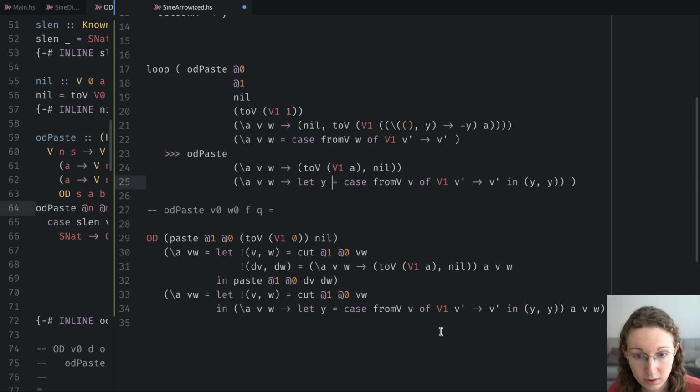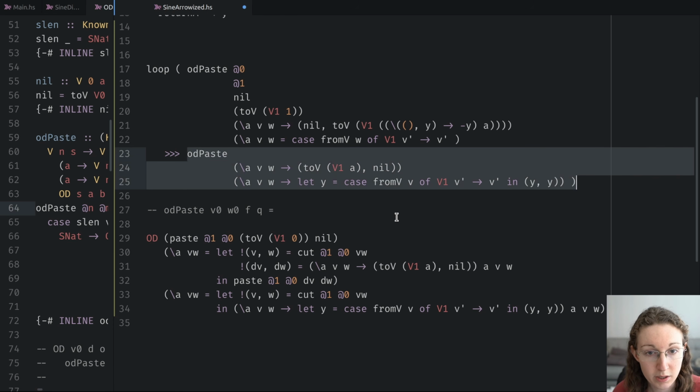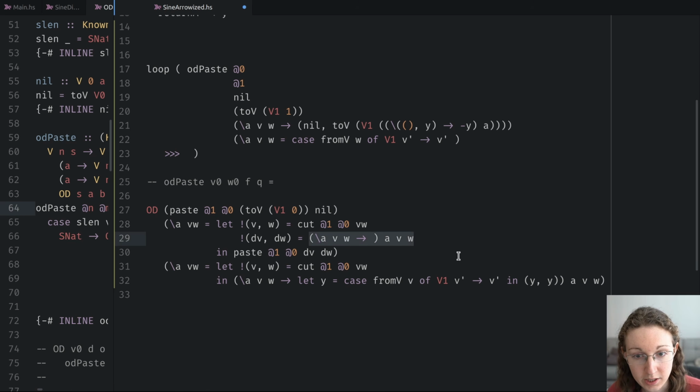Inline this for q. And so now, once again, we can do a little bit of simplification with these functions that we just inlined. We have a in place of a, v in place of v, and w in place of w. But v and w are not actually used anywhere in here anyway. So we just pull this out and do this.